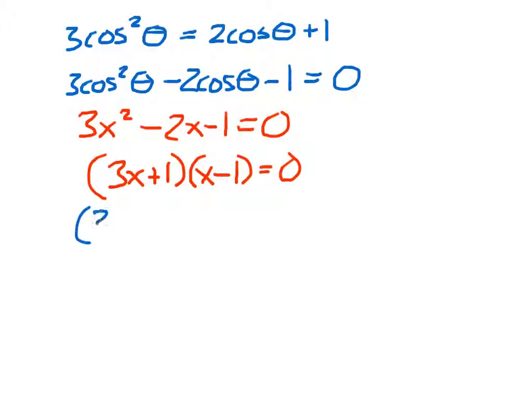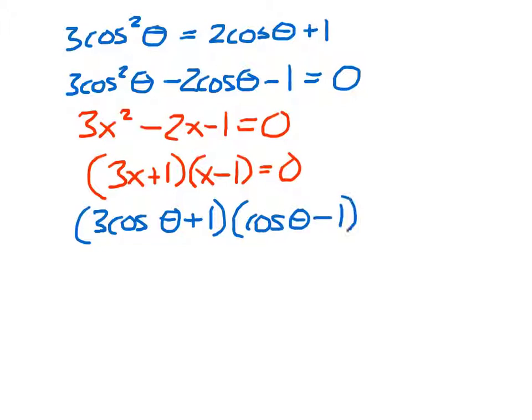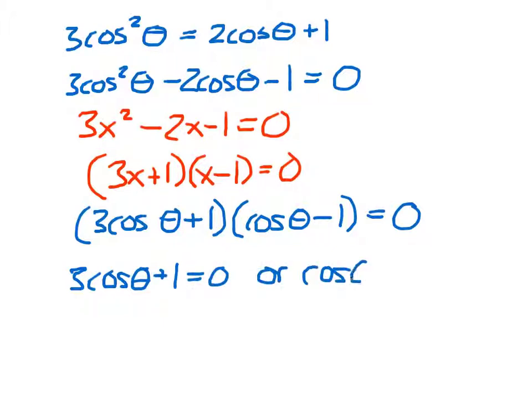So I'm going to have 3 cosine theta plus 1 times cosine theta minus 1 equals 0. And now I have 2 separate scenarios that I can solve. 3 cosine theta plus 1 has to equal 0, or cosine theta minus 1 has to equal 0.